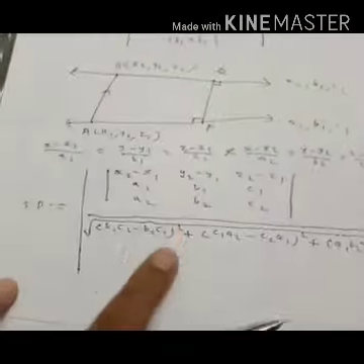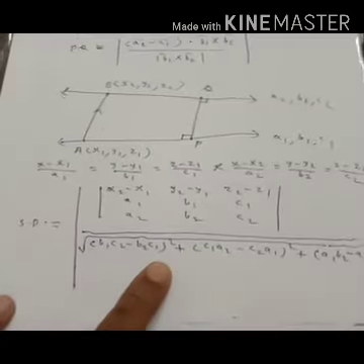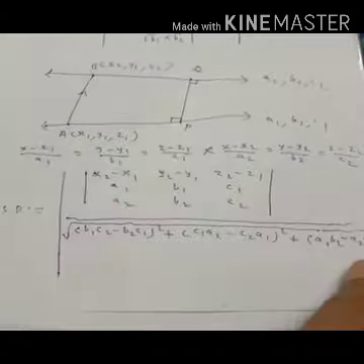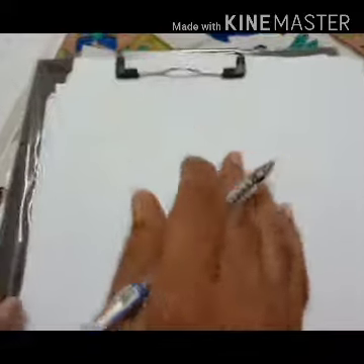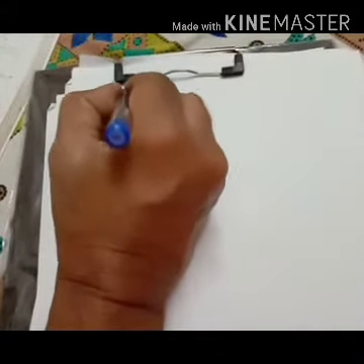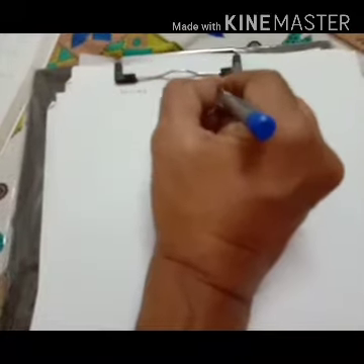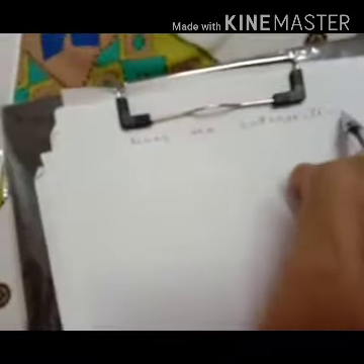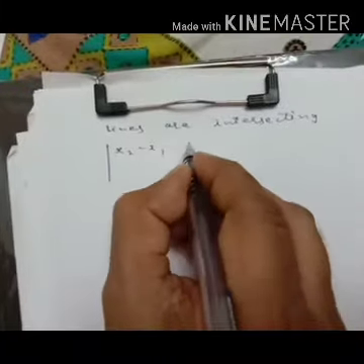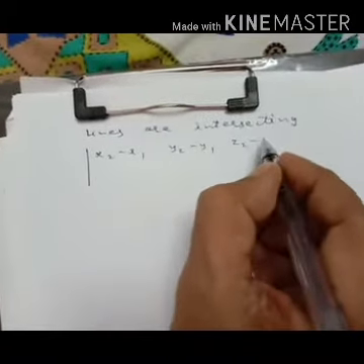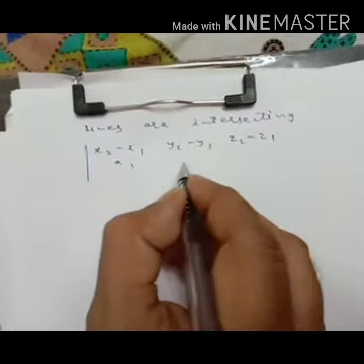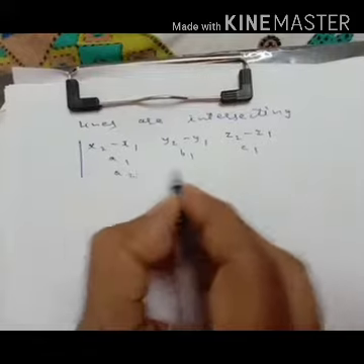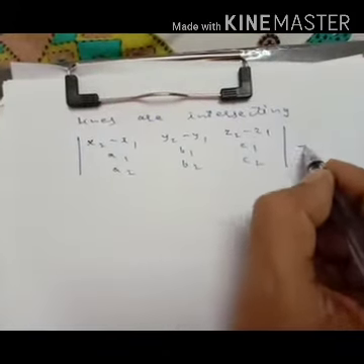Shortest distance 0 means the value of the ratio is 0, which means the numerator is 0. So if the lines are intersecting, then we get the determinant x2 minus x1, y2 minus y1, z2 minus z1; a1, b1, c1; a2, b2, c2 equal to 0.